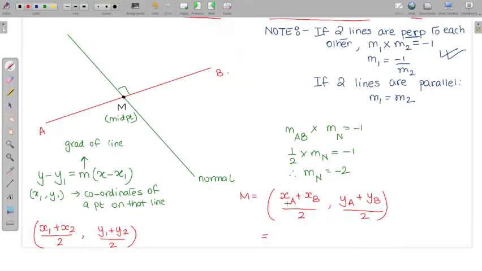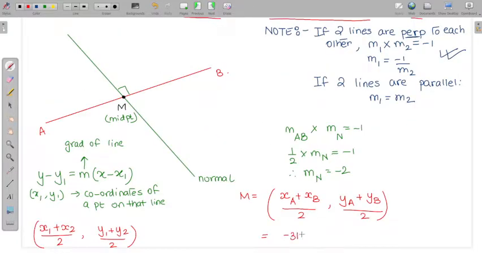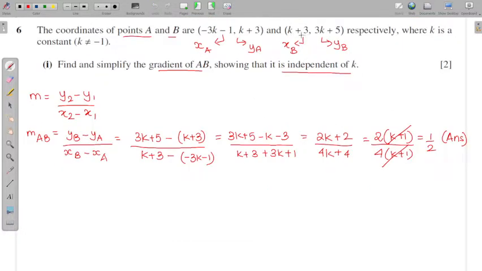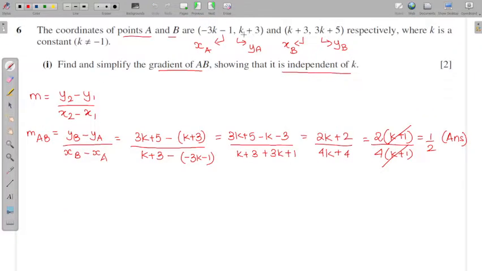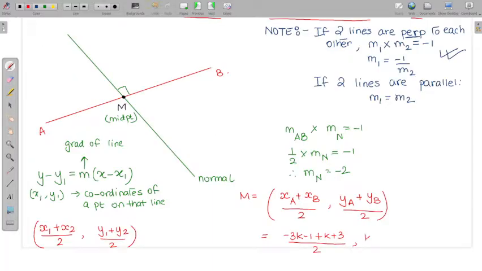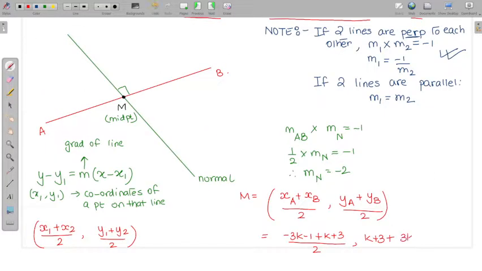So now let's put in the values. xa is minus 3k minus 1, and xb is k plus 3, so plus k plus 3, divided by 2. Next ya, which is k plus 3, plus yb, which is 3k plus 5, divided by 2.